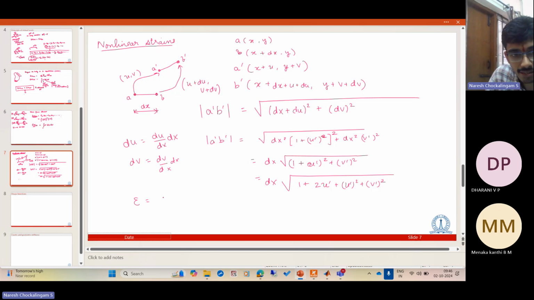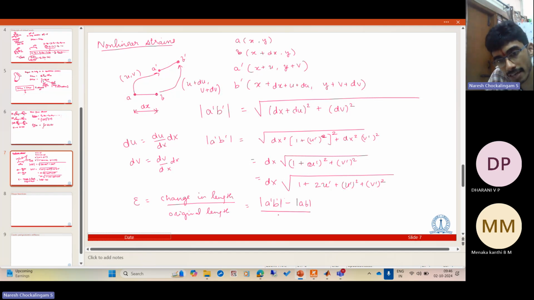So strain is change in length by original length, right? So this is the length of A dash B dash minus the length of AB divided by length of AB. But what is length of AB? Dx.